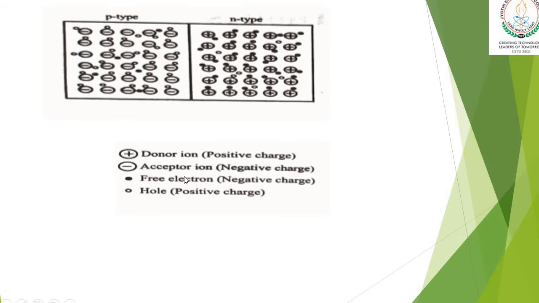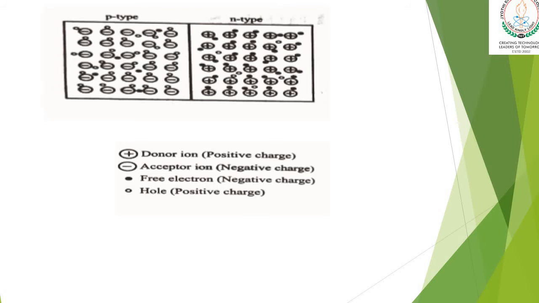But now when a P and N junction are fused together, these electrons near the junction will have a tendency to cross the junction and move to the P type, because it has a missing electron. So this N type will have a positive charge.